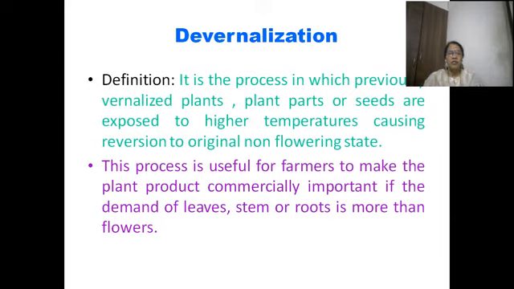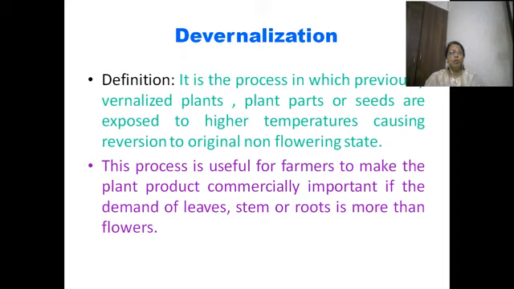So what is the definition? It is the process in which previously vernalized plants, plant parts or seeds are exposed to higher temperatures, causing reversion to the original non-flowering state.